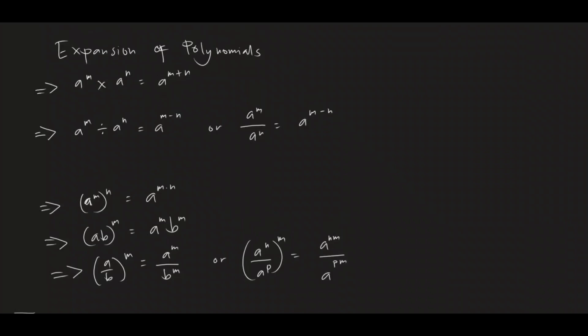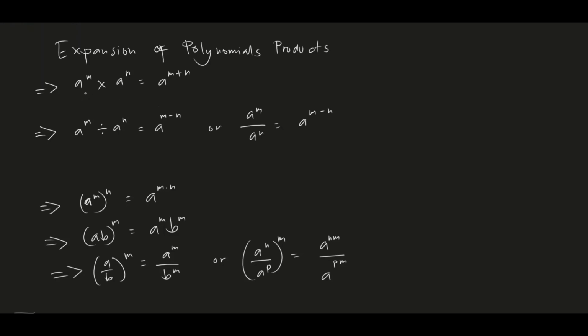Okay, for today's topic, we will discuss the expansion of polynomial products. When we take in mind this formula, first we have a raised to the m times a raised to the n. The m and n here refer to the exponent, and a here refers to the term.